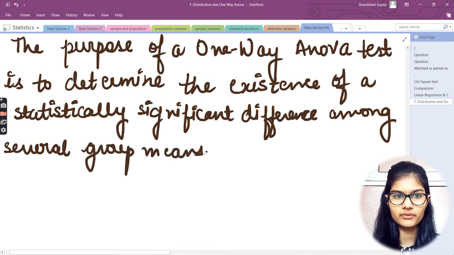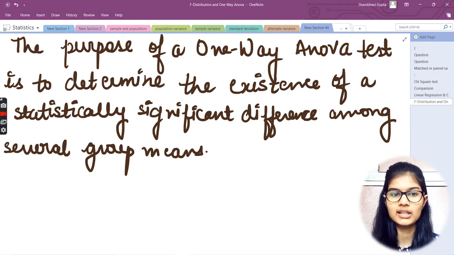So this is the first and foremost purpose of the one-way ANOVA test, that it is to determine the existence of a statistically significant difference among the several group means.